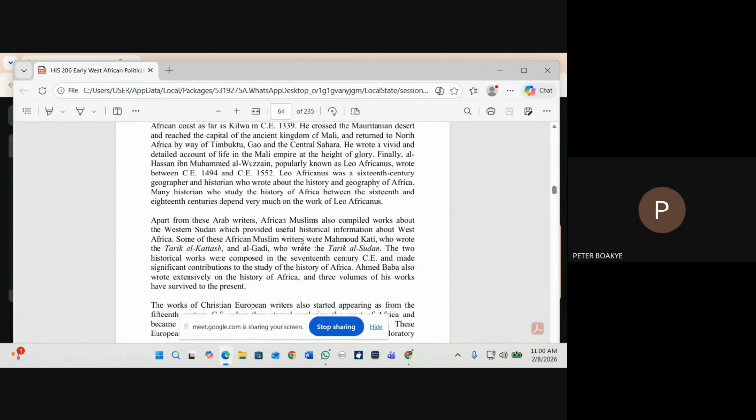Apart from these Arab writers, African Muslims also compiled works about the Western Sudan, which are also useful.